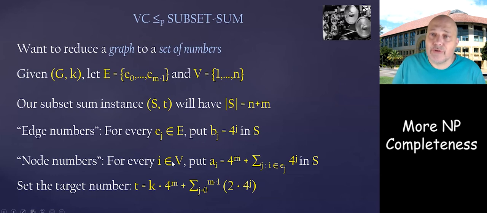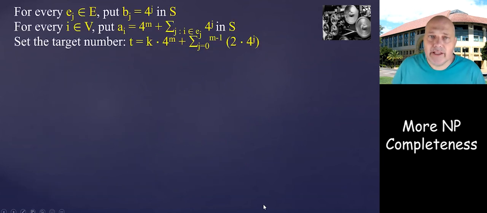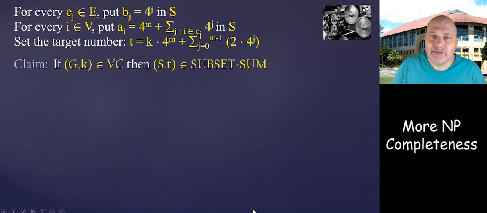And we had a number for every vertex, which was 4 to the m, plus the sum of 4 to the j for every edge ej that the vertex touches. And we have the target number, which is k times 4 to the m, plus the sum of the edge numbers twice. And so that's the construction again, and I want to prove the if and only if.